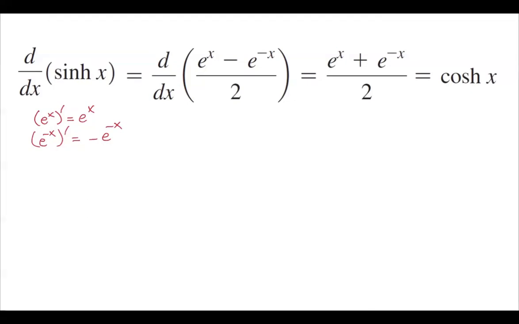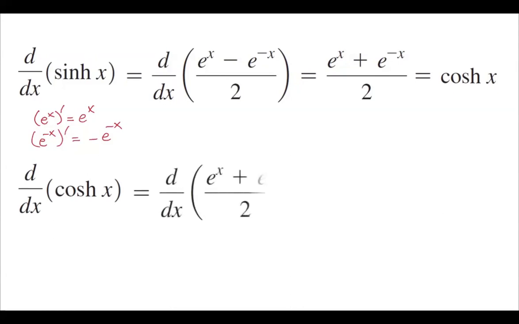Now, what if you want to take the derivative of hyperbolic cosine? To take the derivative of hyperbolic cosine, we do the exact same thing. We use the direct definition. We are taking the derivative of e to the x plus e to the power minus x divided by 2, and we follow the same set of formulas.